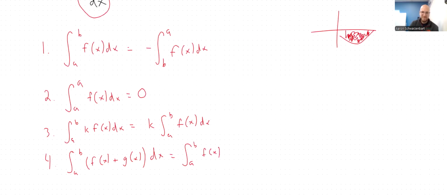It works with subtraction too, plus or minus, but does not work with multiplication, just like you had to use product rule when you multiplied.